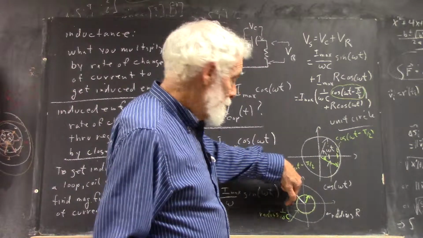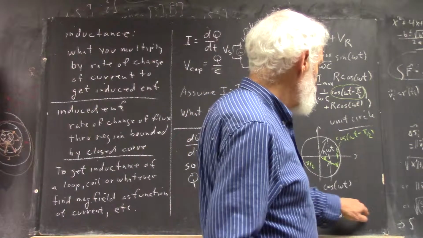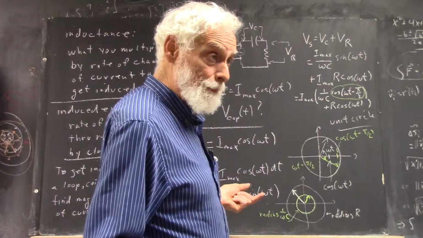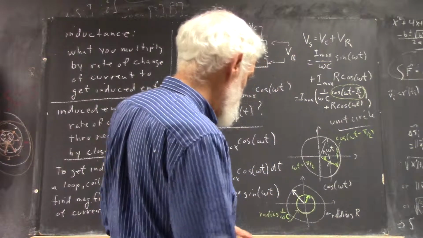Now, if I want the radius to be R times I max, and I max over omega c, I can do that as well. But I kind of want to focus on R and reciprocal omega c.